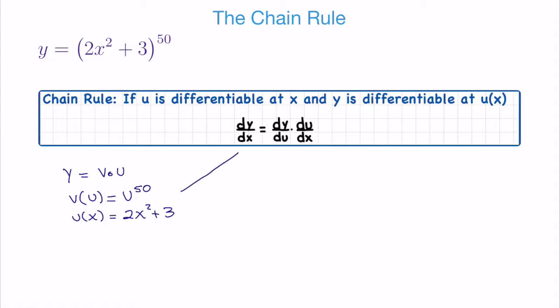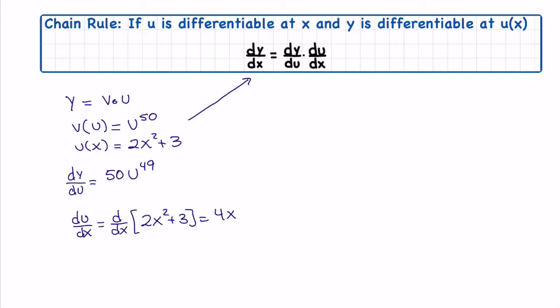And we apply the chain rule, which tells us that to find the derivative of y with respect to x, we need to find the derivative of y with respect to u, which is just 50 u to the 49th power, just the power rule, and multiply by the derivative of u with respect to x, which is the derivative of 2x squared plus 3, which is just 4x. And the chain rule tells us that if we multiply these two, then we've derived dy dx.